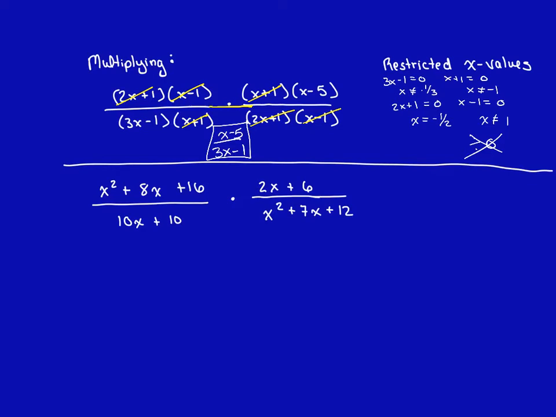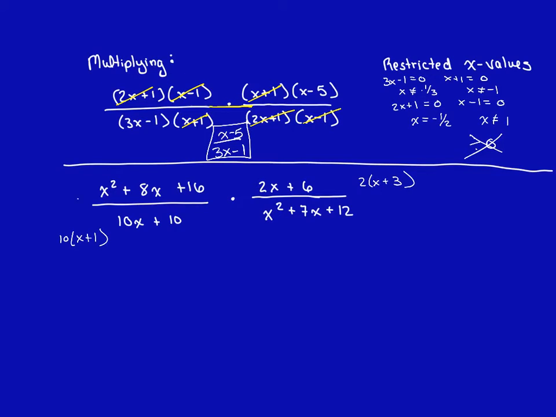Now in this bottom one, we have to factor. This one we can factor out a 2, and we're left with x plus 3. This one we can factor out a 10, and we're left with x plus 1.